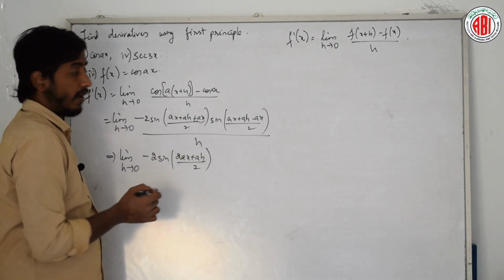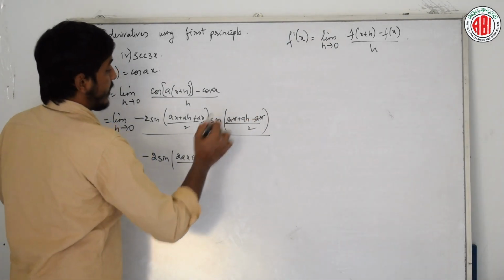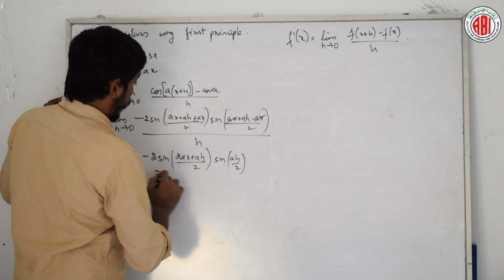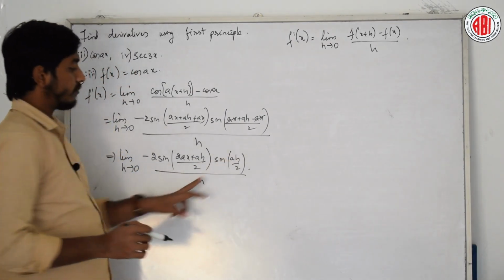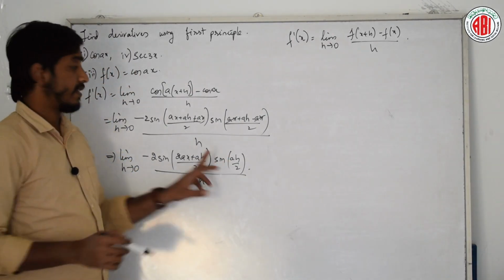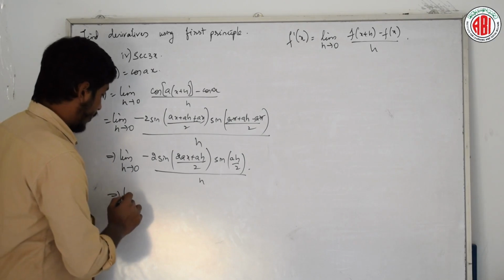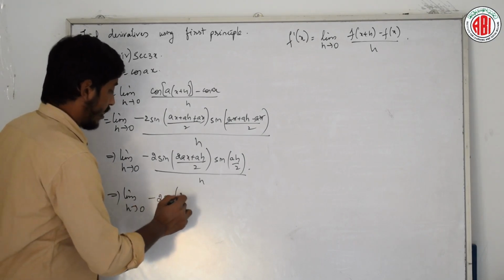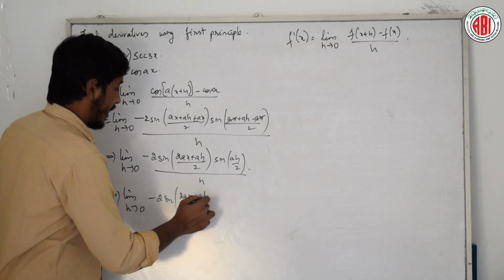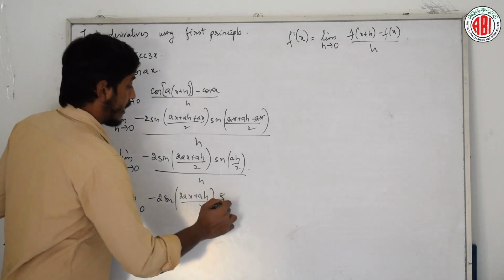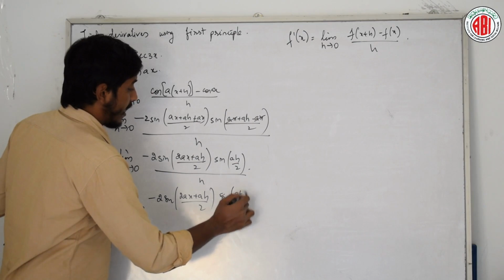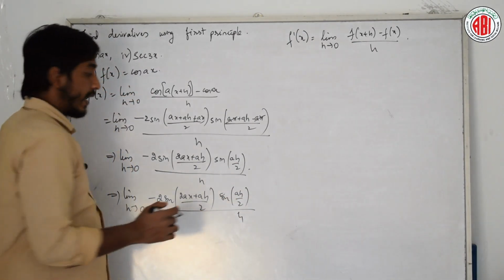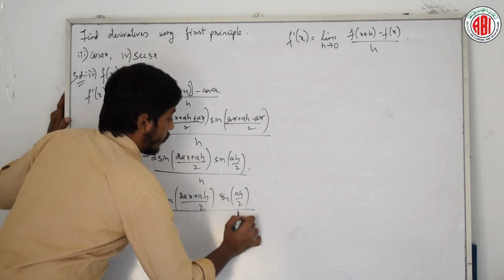Here, ax will get cancelled. This will become sine ah by 2, whole divided by h. Can I vary this? Yes, right? That will be limit h tends to 0, minus 2 sine of 2ax plus ah by 2, into sine ah by 2, divided by, already there is h. Can I multiply a by 2?